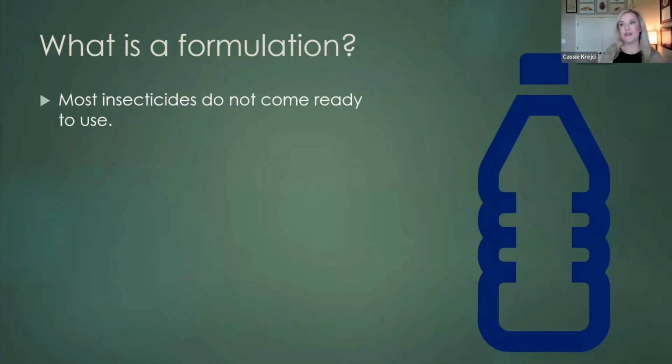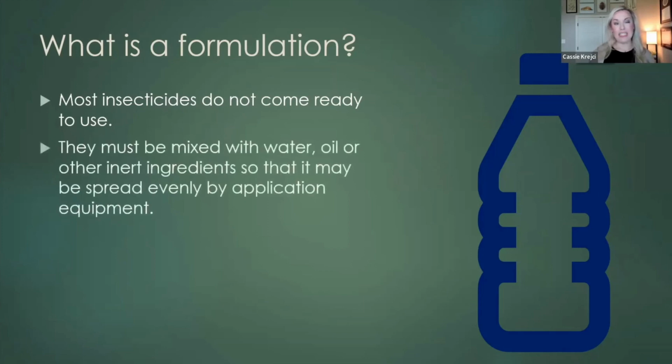Most insecticides do not come ready to use. So there are several insecticides that can be sold in a lot of different formulations. So we'll use the Alpine brand, for example. You have Alpine WSG, you have Alpine PT, Alpine Dust, Alpine Foam, Alpine Bait.